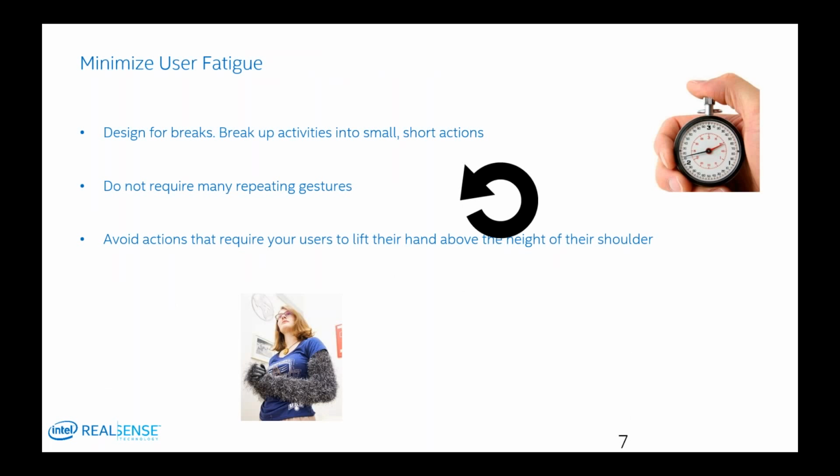When designing interaction with hands, if your application is meant to be used over a long period of time, you should design it for breaks. The user shouldn't have to keep arms in the air for an hour, with hands in VR. That can be very tiring. Also, if you want long interactions, you can focus on interactions happening near the bottom of the field of view, so the user doesn't have to lift his hands too high.